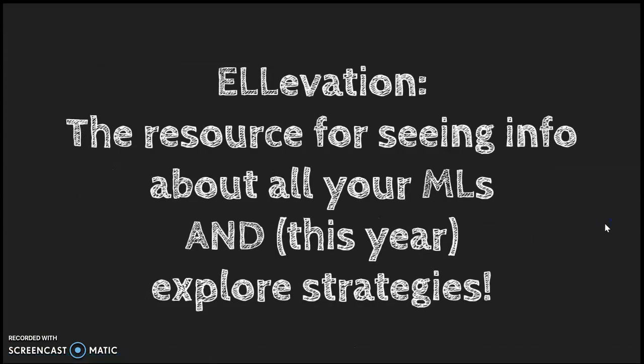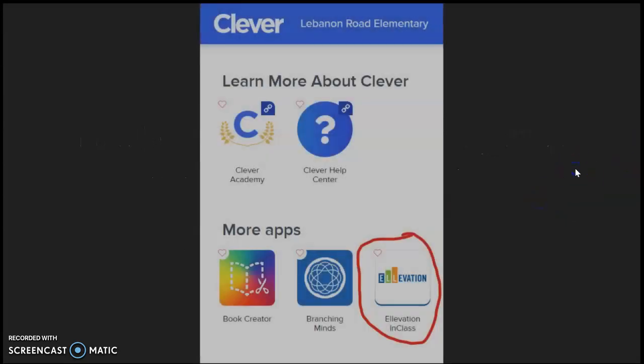Okay, now I want to tell you about Elevation, the resource for seeing info about all your multilingual learners, and this year, this is very important, explore some strategies, okay? So, when you're in Clever, not Canvas, Clever, you can find this app.